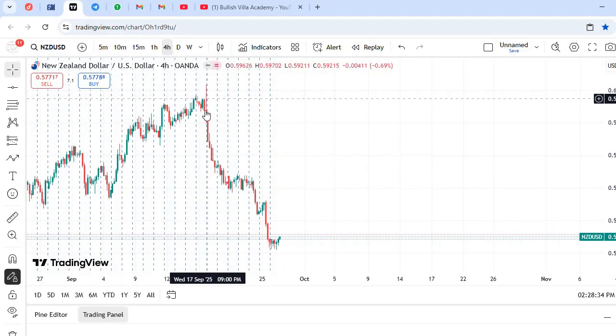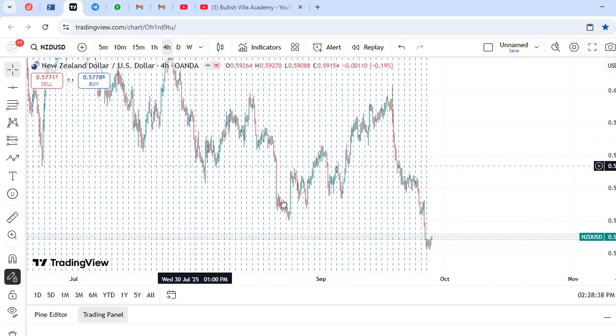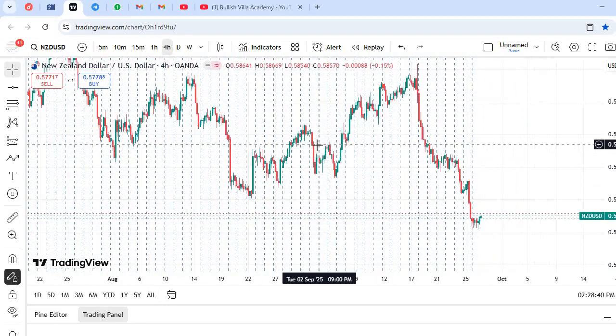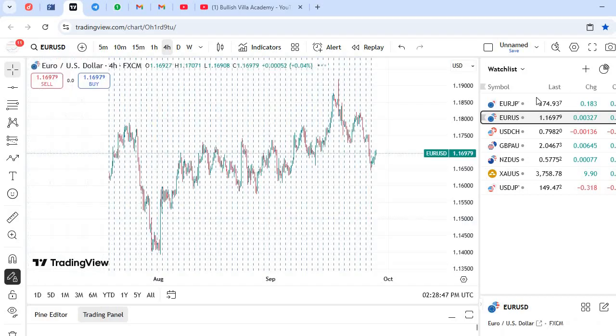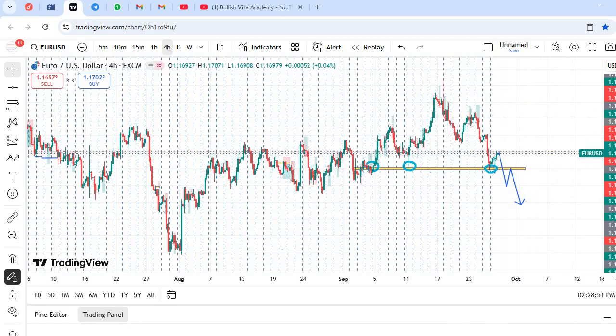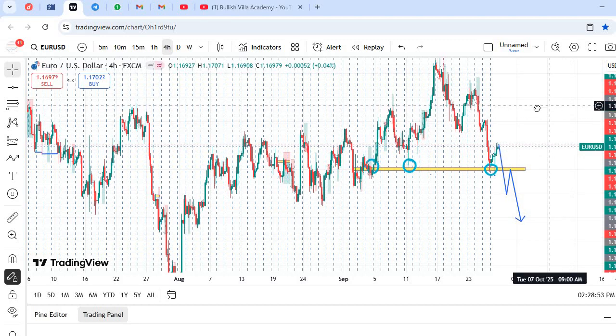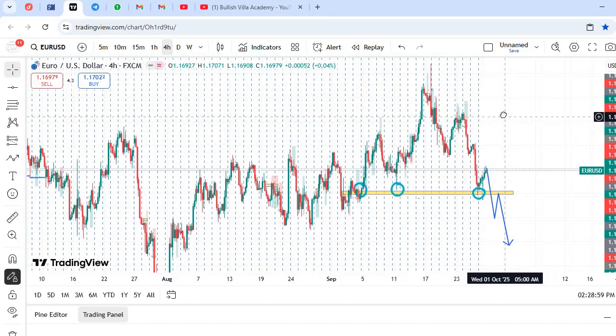Okay, for like one week now, we've been having a downtrend. I won't be analyzing any other ones I'm looking at. They're not really clear to me, so I'll just stick with EURUSD for now.